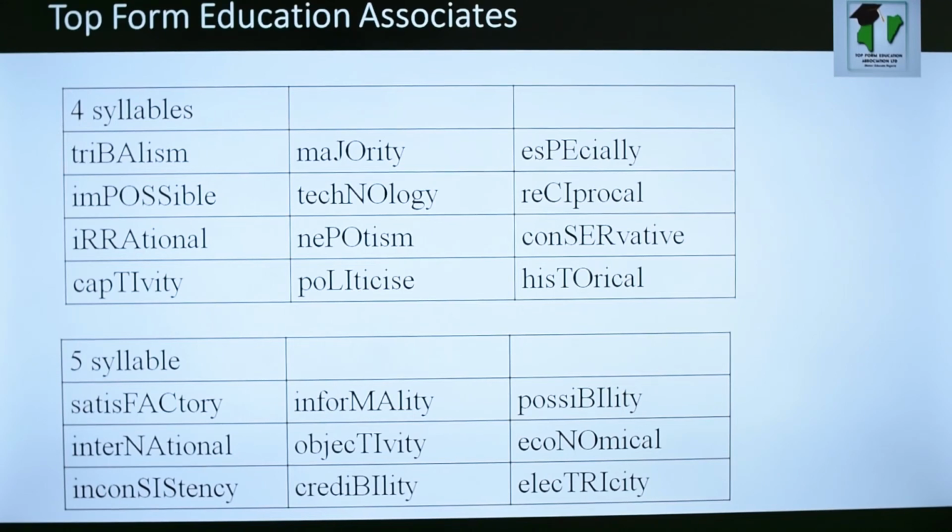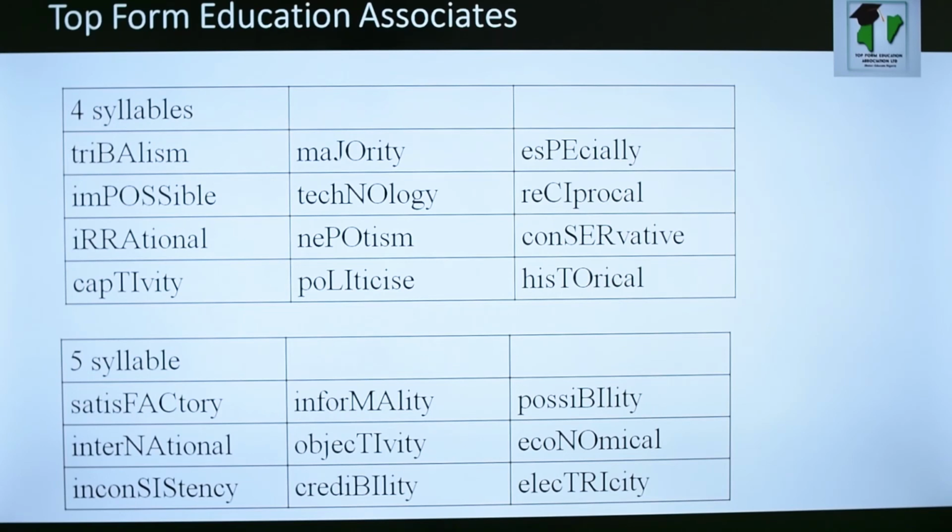Then we have 5 syllabic words that have those word endings. We have 1, 2, 3. The stress is on fac. I want us to count the 5 syllables in this word. We have satisfactory. Have you seen it?